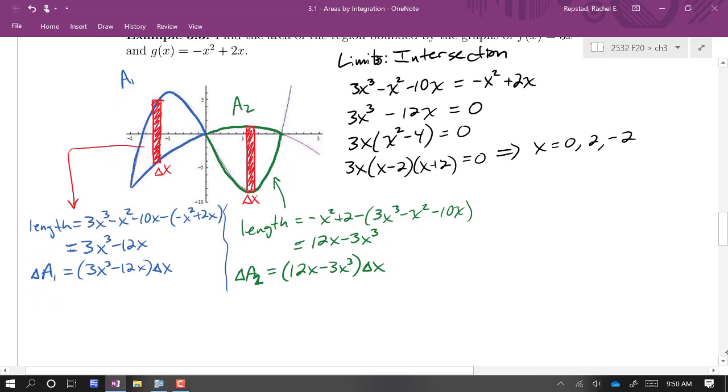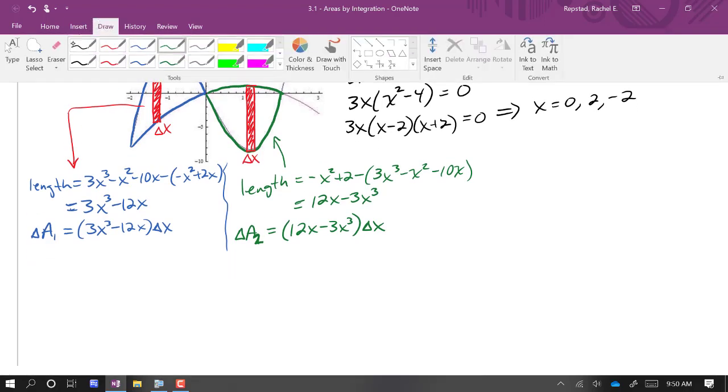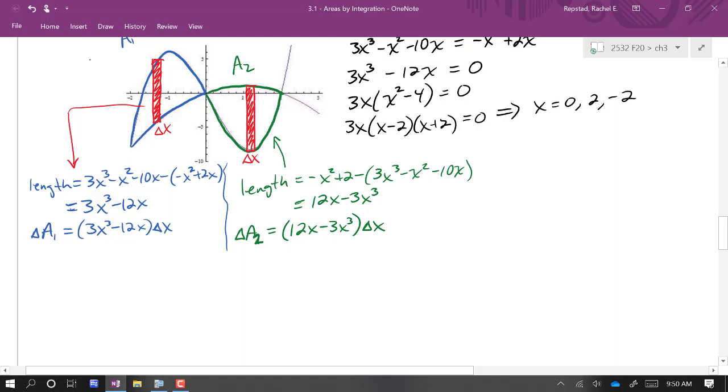So right now, we really have done the hard part. We have set things up. We have the expression that gives us the area of each sample rectangle. And from here, the integrals pretty much write themselves. So A1, this is the integral of 3x cubed minus 12x dx.